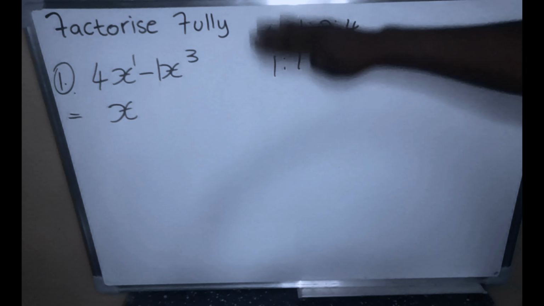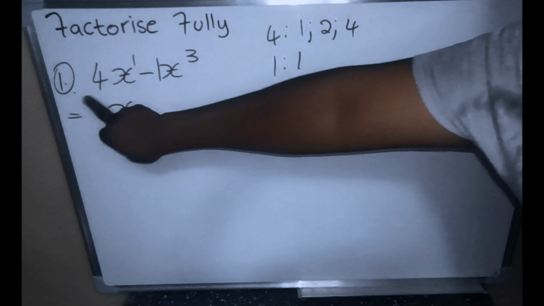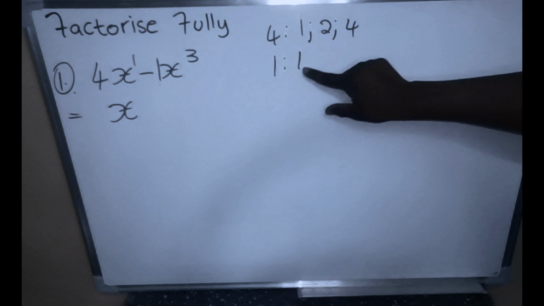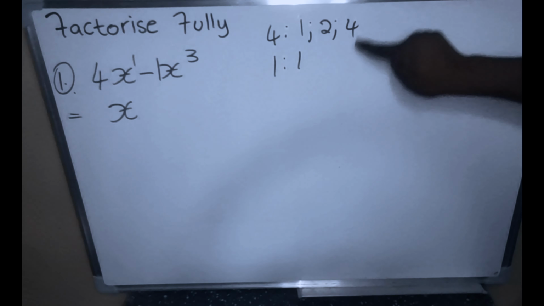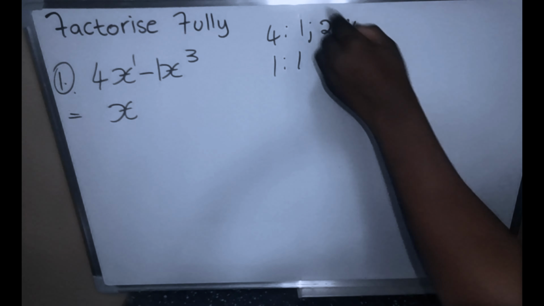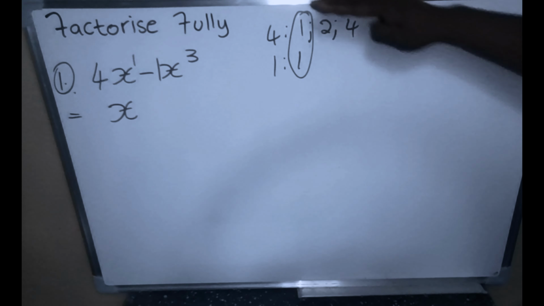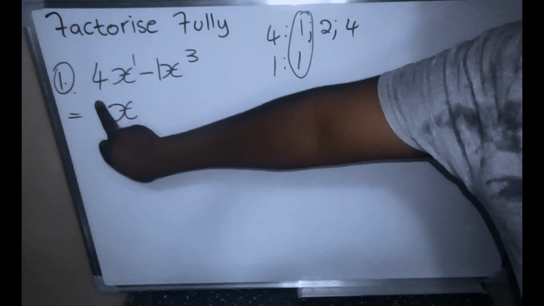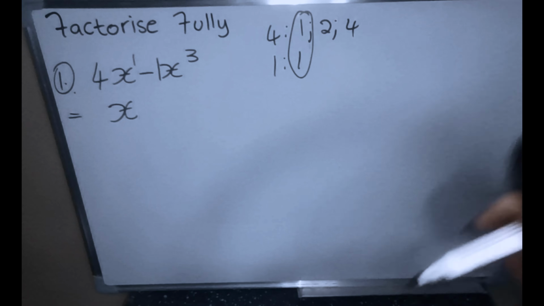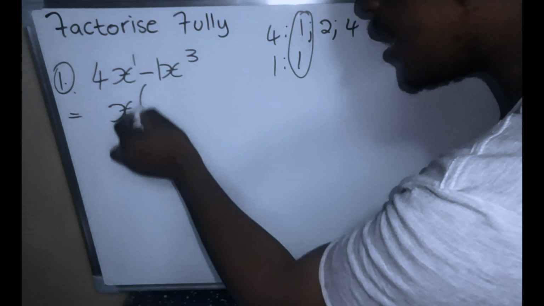From these two numbers, 4 and 1, which numbers are common on both sides and are high? 1 and 1. Which means 1 appears on both sides, and in this case it is the highest common factor. That means 1 is invisible, so it's unnecessary to put it. You can leave it as x, and therefore you open the bracket here.